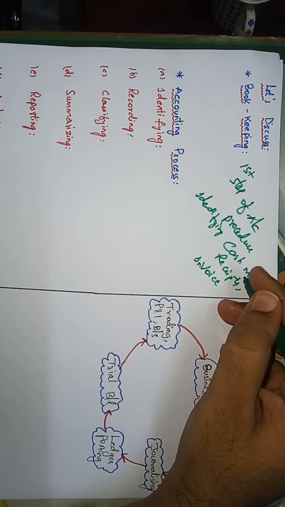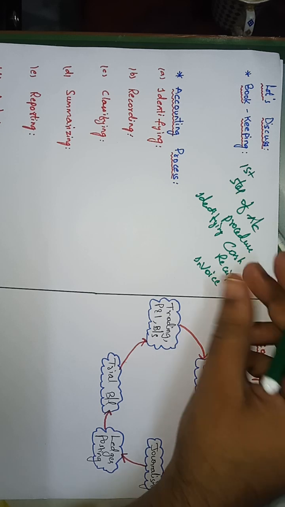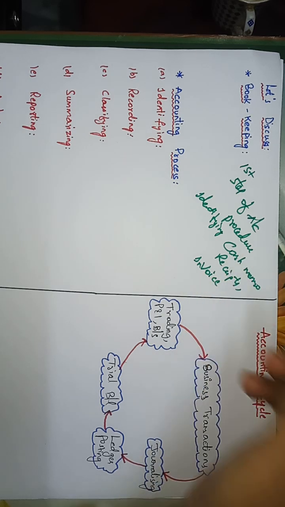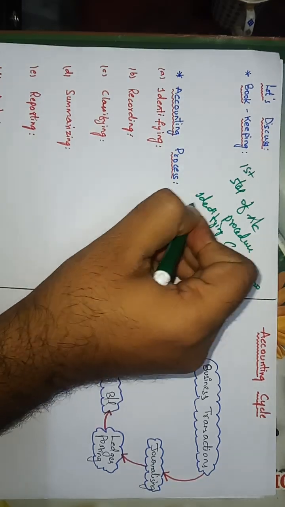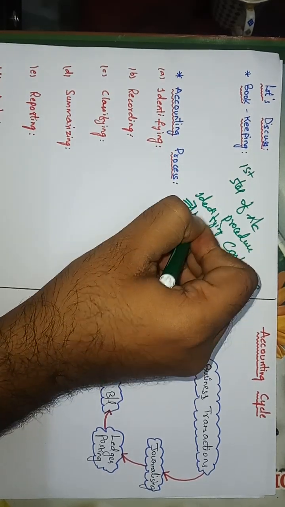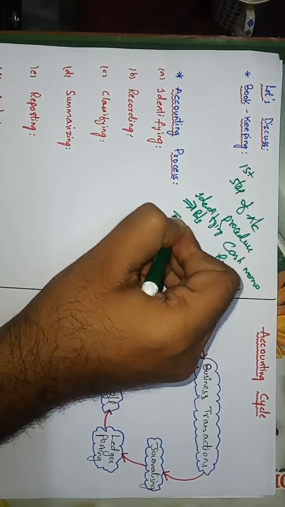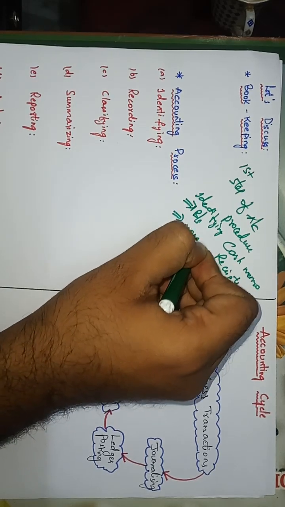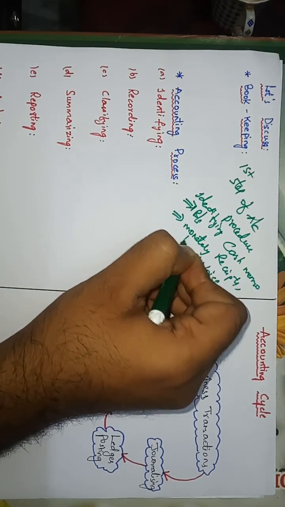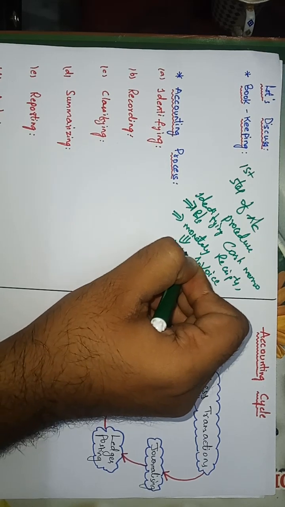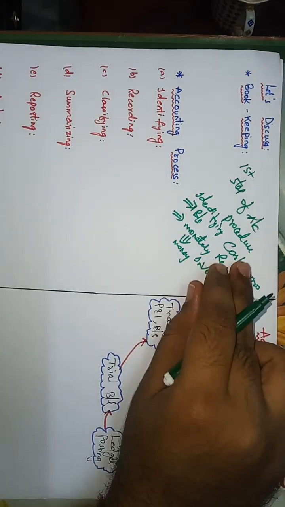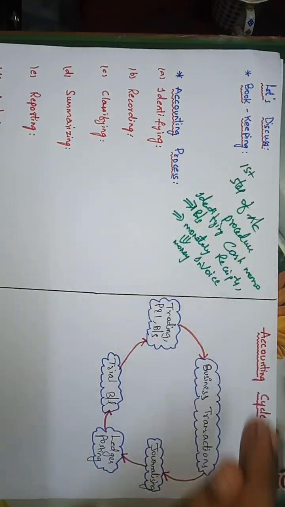From this evidence, we first identify the transactions which are related to business, and only those measured in terms of monetary units, that is money, are going to be recorded in the books of accounting.